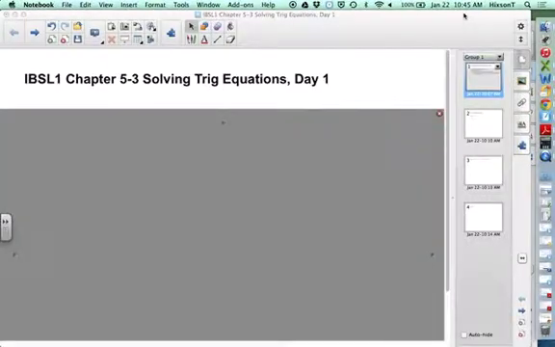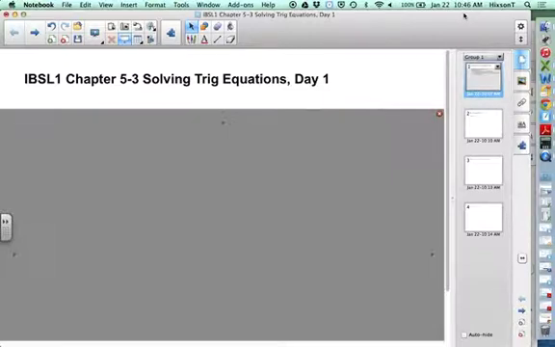What we're looking at though, we've spent all of our time so far looking at the first two applications of trig, which are finding values of trig functions and then simplifying or verifying identities. So we're going to look at another one of our applications starting today.